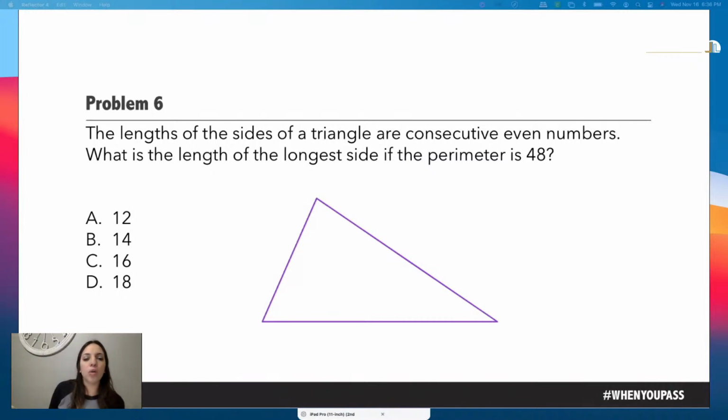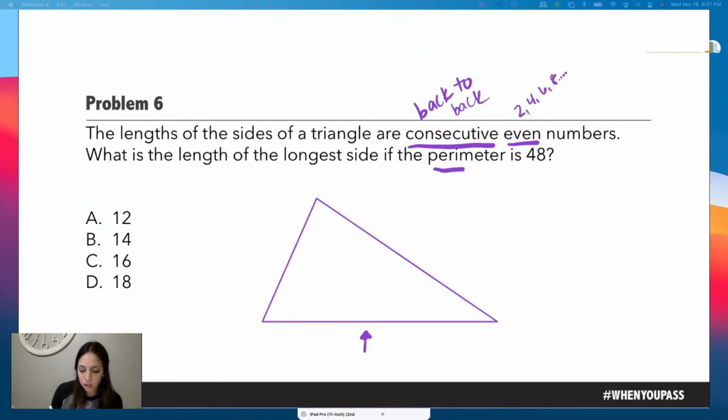And we know the lengths of the sides of the triangle are consecutive, back to back, even numbers: 2, 4, 6, 8, 10. What is the length of the longest side if the perimeter is 48?